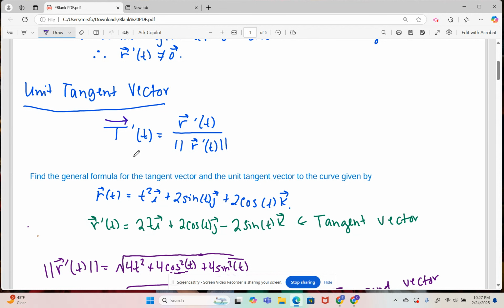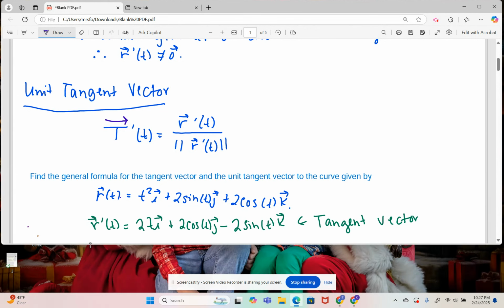Let's write Example 1. Find the general formula for the tangent vector and the unit tangent vector to the curve given by this r of t. We start with finding the derivative, because this is the tangent vector.